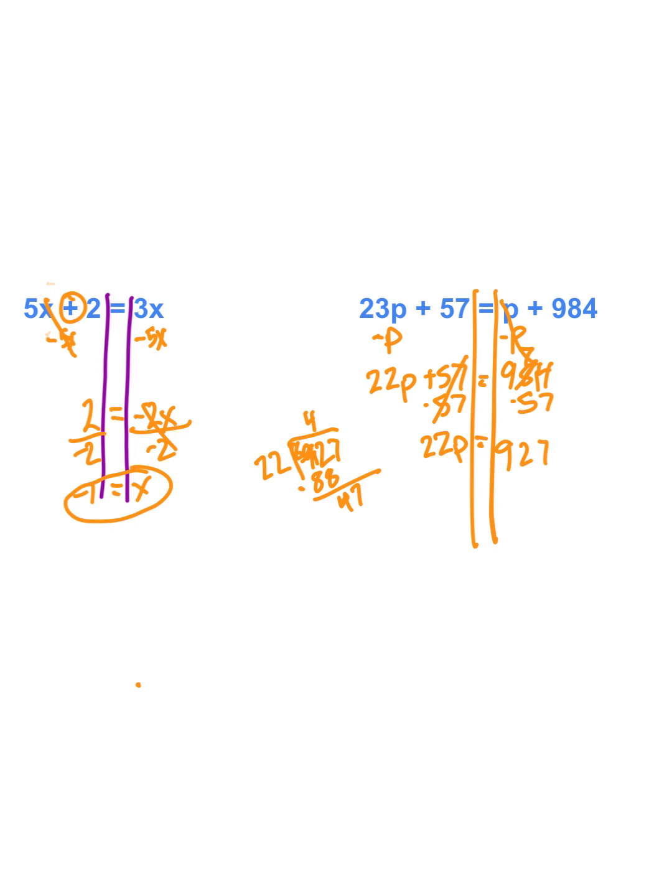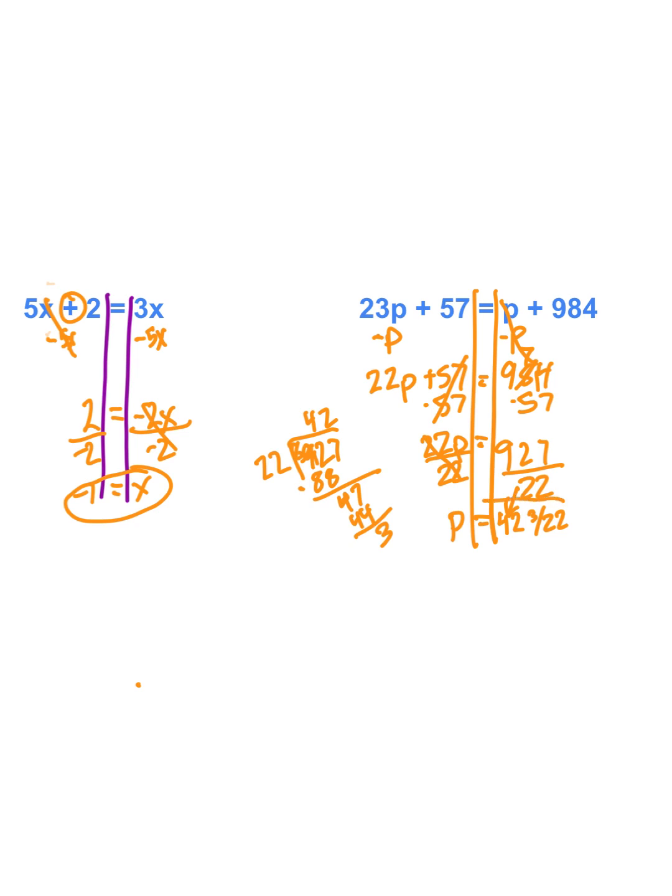This one's going to turn out to be an ugly problem here. So I've got 244, and I've got a remainder of 3. So I divided by 22, and p is equal to 42 and 3/22, or we could just leave it, honestly, as 927 twenty-seconds, because that's just as ugly.